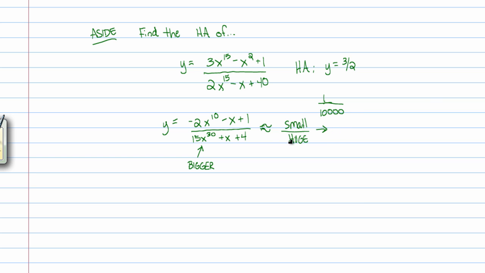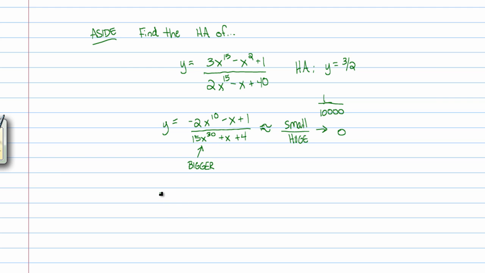So if you have this situation where the degree of the polynomial in the denominator is larger than the degree of the polynomial in the numerator, then you know that the horizontal asymptote is going to be 0, because that denominator is so huge it's just dragging it down to 0. Okay, so same degrees mean ratios, 3 over 2, ratios of the lead coefficients. Different degrees, well, if the bottom has a larger degree, then it'll just drag it down to 0.